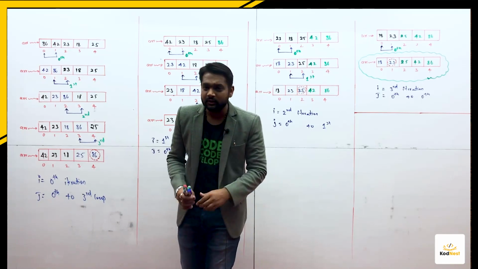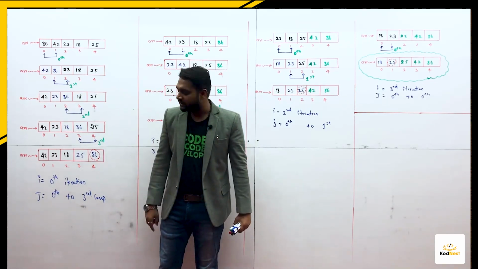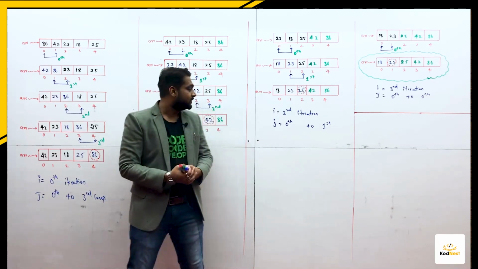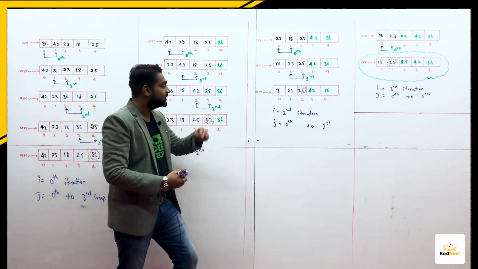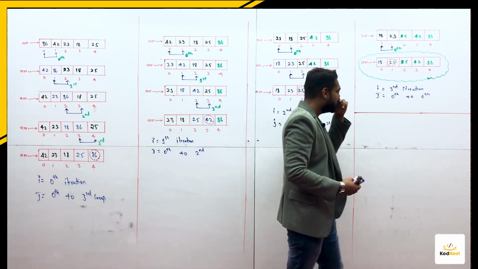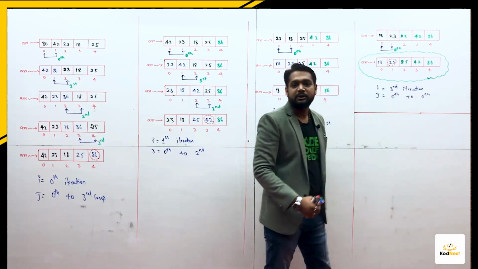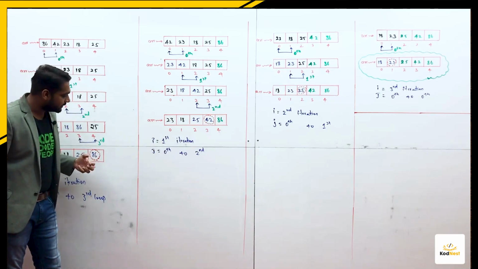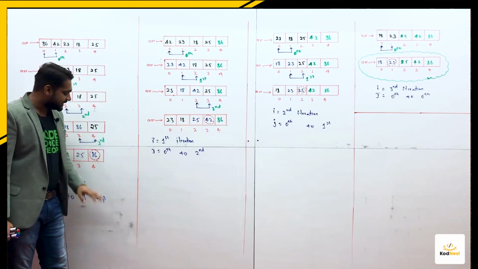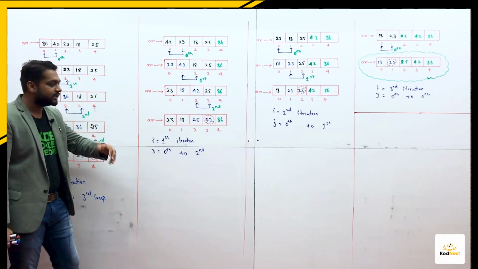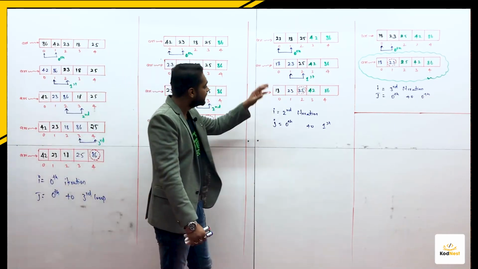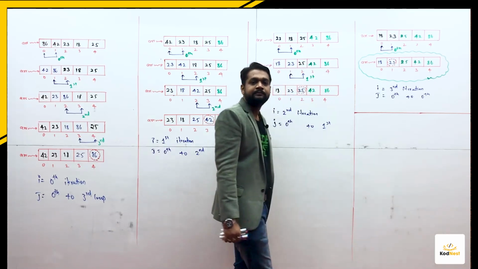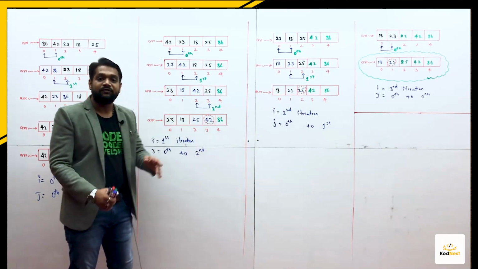In every iteration, I start from the 0th comparison and go until the 3rd comparison, then from the 0th comparison to the second comparison, from the 0th comparison to the first comparison, and the 0th comparison to the 0th comparison. Now there is no standard, in every iteration I am doing some number of comparisons. So let me bring it to one standard form.